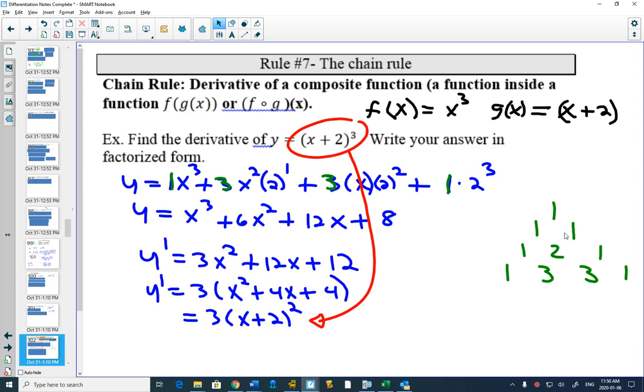Wouldn't that be nice? And anybody think they've come up with a nice shortcut here? Yeah, just the 3 came out in front, kept the inside the same, and subtracted 1 from the exponent.